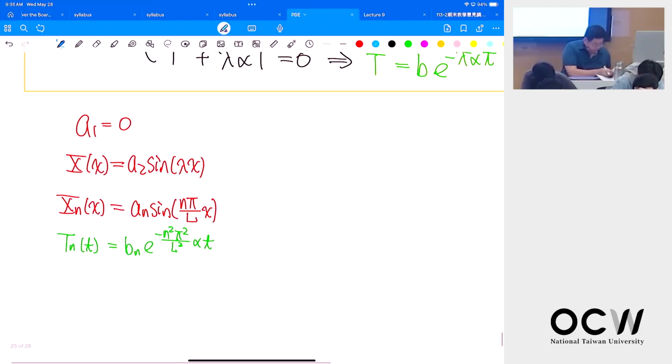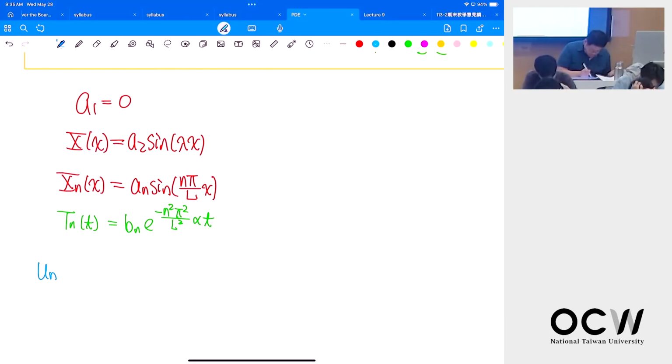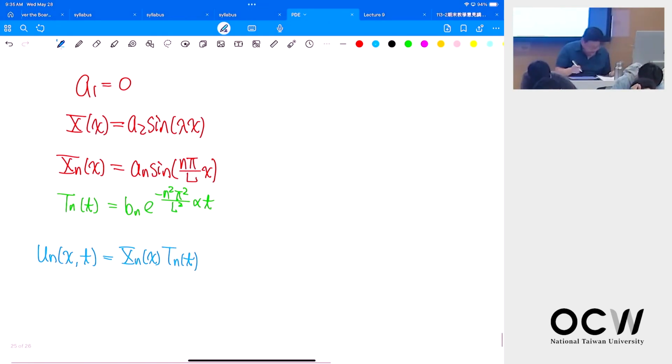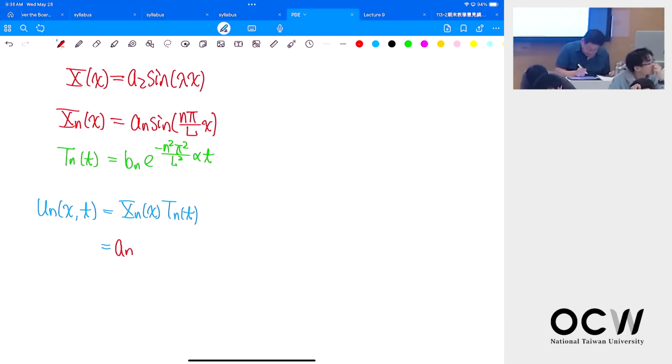And overall, it's just plugging and you'll get An sine n pi over L x for x, and for the temperature, Bn e to the minus n squared pi squared over L squared alpha t.